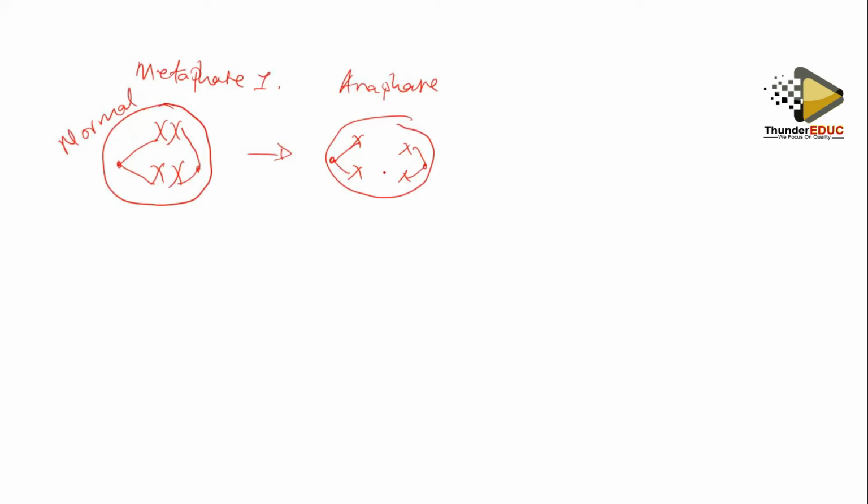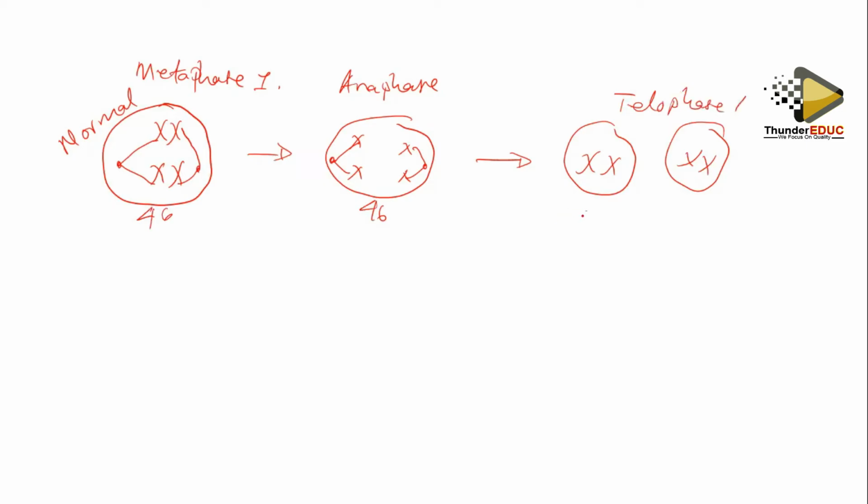You see, they are separating. And then in telophase, I expect this cell to form two cells. If it is a normal cell, I expect it to be 46, and at the end of telophase 1, I expect this one to be 23, and also this one 23.